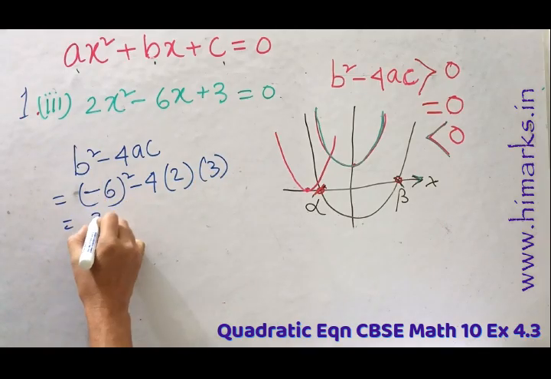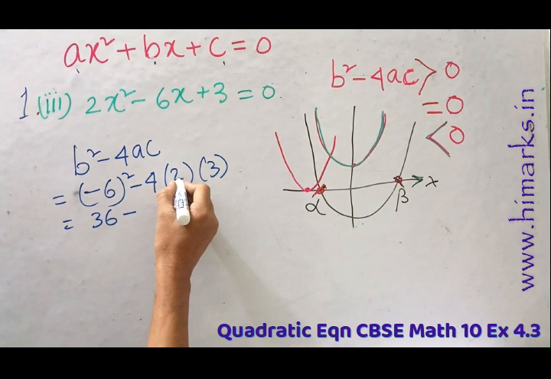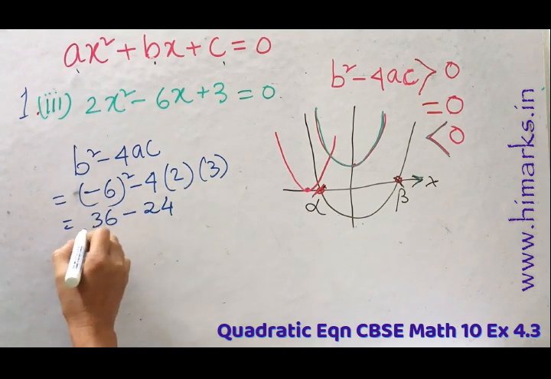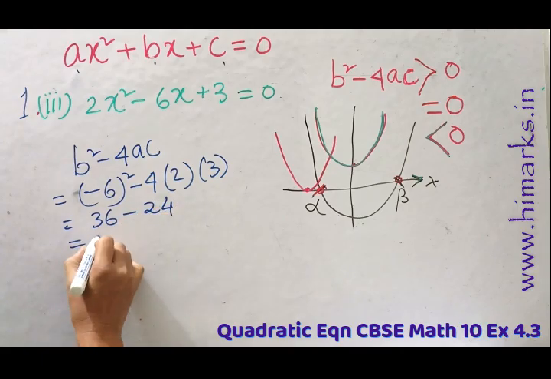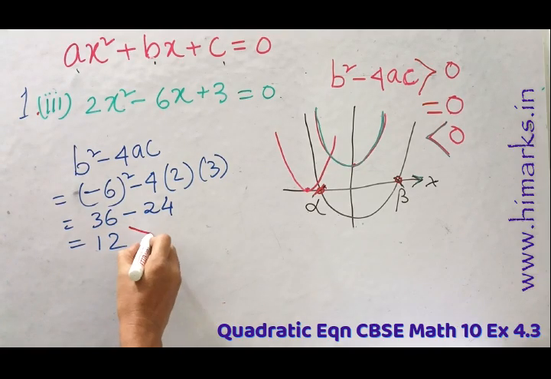So this is 36 minus 4 times 8, which is 24, so it is 12. Now it is the decision time. This is greater than 0.